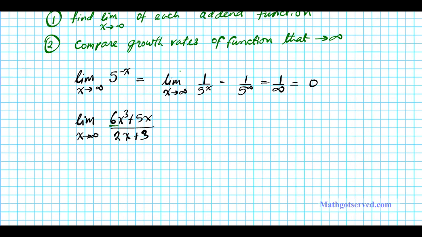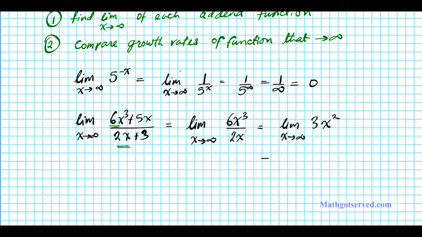So we have 6x to the third and 2x. Those are the functions that grow rapidly in the numerator and the denominator. So this becomes a limit as x approaches infinity of 6x to the third over 2x. And then when you divide this out, or you simplify it, you're going to have limit as x approaches infinity of 3x to the second power.